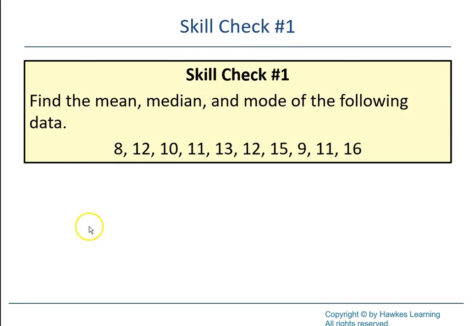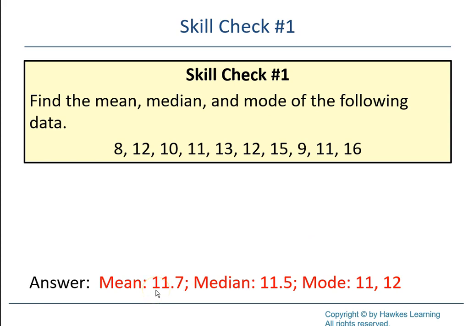Now, here's a skill check. Again, if I were doing this, I would write them in ascending order first. And there are, let's see, 2, 4, 6, 8, 10. So in figuring out the median, we're going to have to average our 2 middle ones. And let's see what we get here.